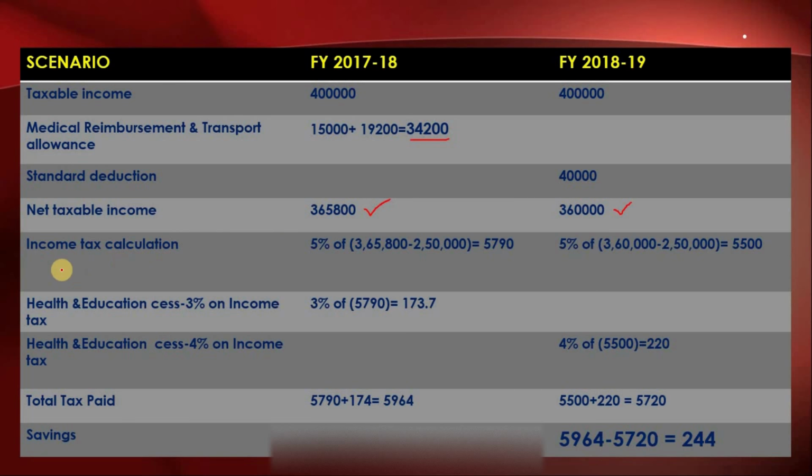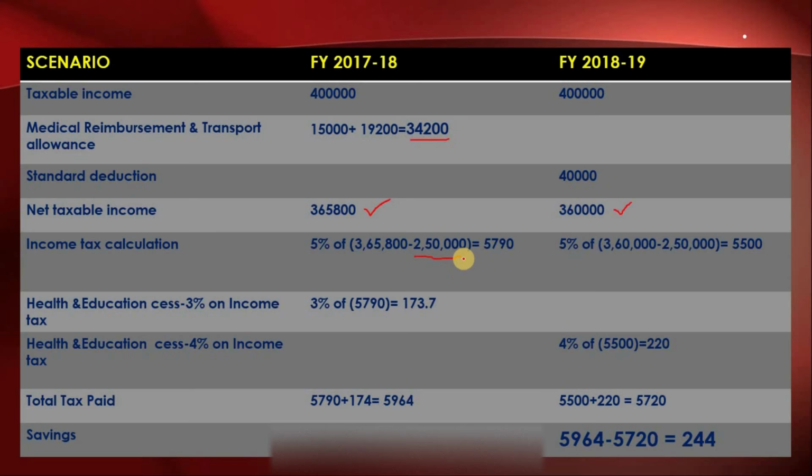Let's come to the step of income tax calculation. So the income tax will be 5% of 3,65,800 minus 2,50,000. I'm doing it for financial year 2017-18. Why did I subtract 2,50,000? We all know that until 2,50,000 there won't be any tax. That is, if your salary is less than 2,50,000, you don't need to pay any tax.